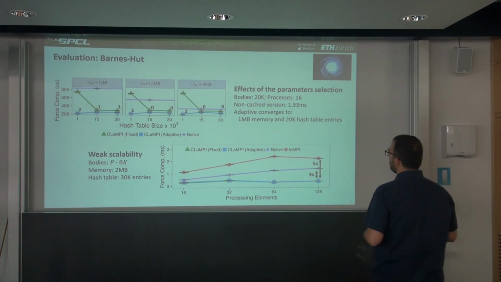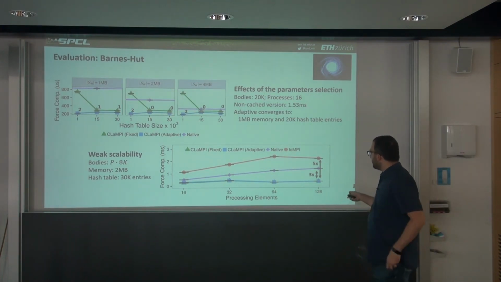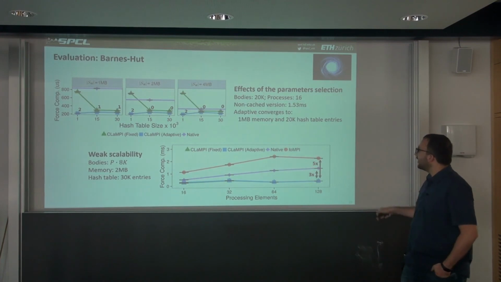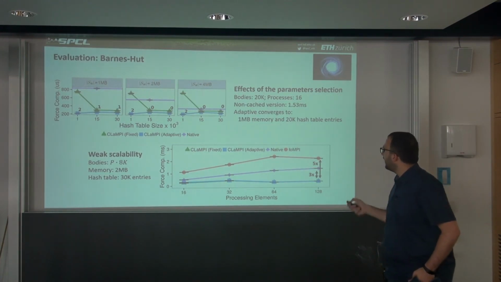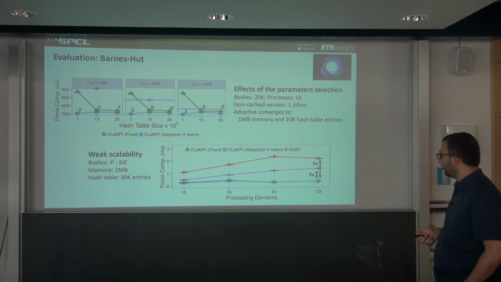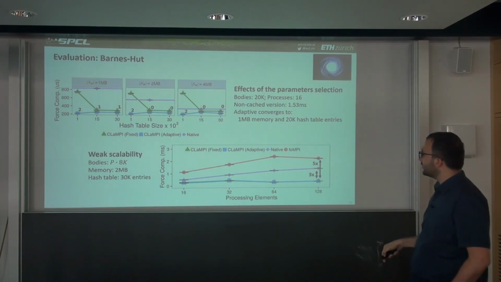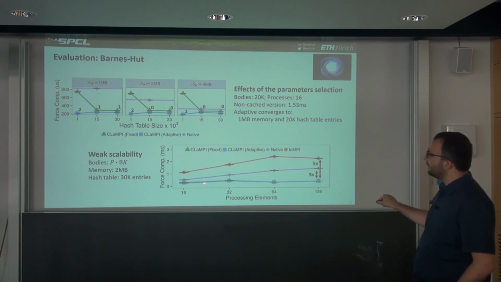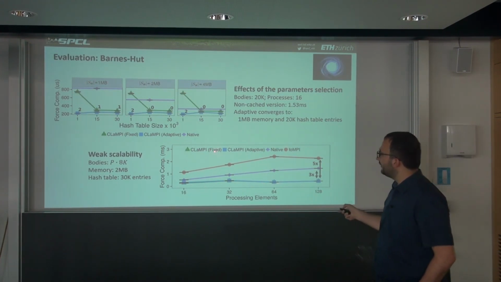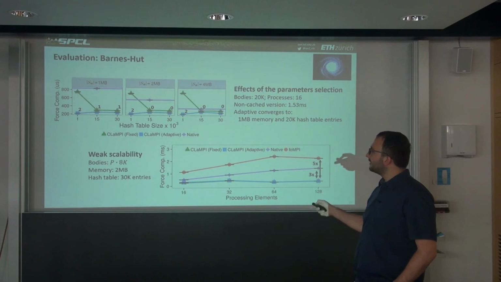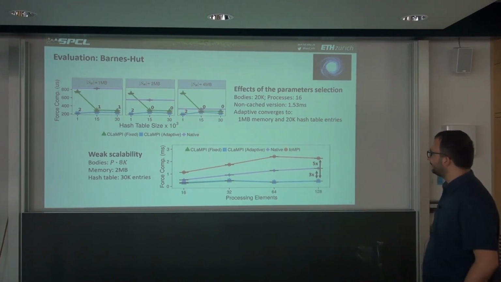Here CLaMPI fixed and adaptive perform basically from 3x to 5x better than native and FOMPI respectively. And both CLaMPI configurations are the same in this case, simply because we start CLaMPI fixed from the optimal parameters that we found in this initial study.